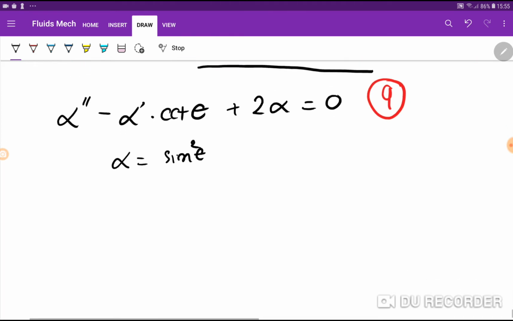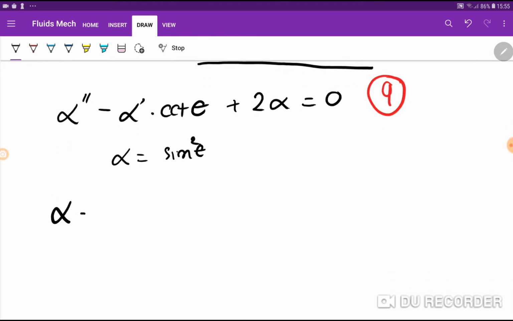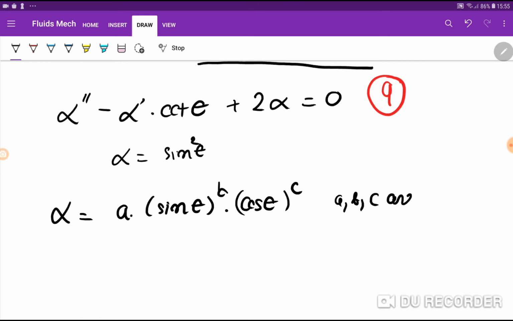I think first he assumed that alpha equals a times sine theta to the power b times cos theta to the power of c, where a, b, c are constants.